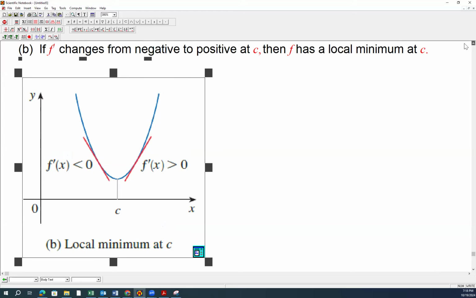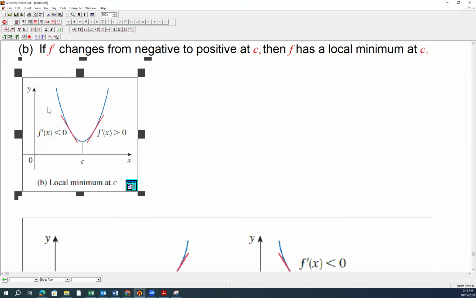In this picture, you can see the derivative to the left of C is negative because the blue curve is decreasing. Decreasing means the derivative is negative. To the right of C, increasing. So decreasing, increasing, there's a lowest point. That's the local minimum at C.